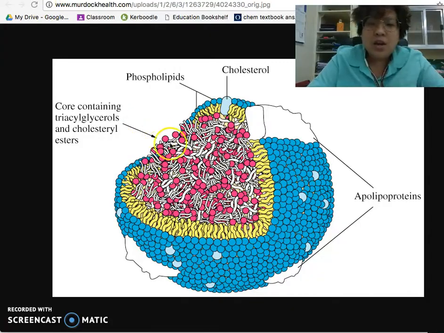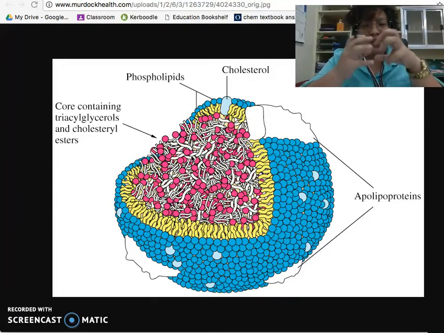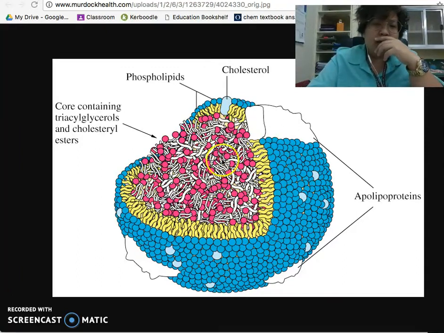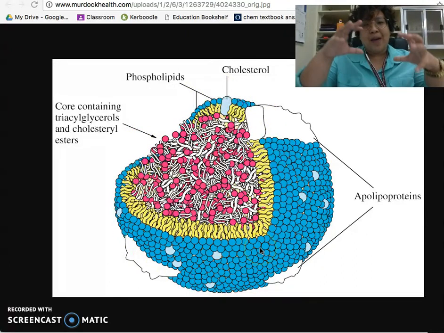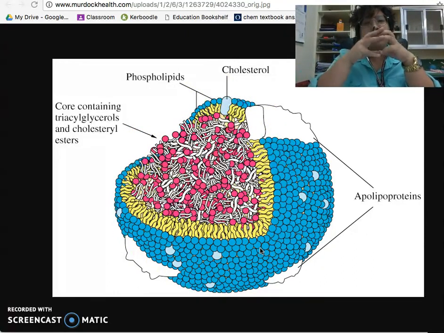As you can see here, the cholesterol or your fat molecules will aggregate and stick to each other, and they will be surrounded by phospholipids and protein molecules. Now, phospholipid and protein molecules are charged. So once they're packed into these circles of lipoproteins, then they can now be transported in the blood.